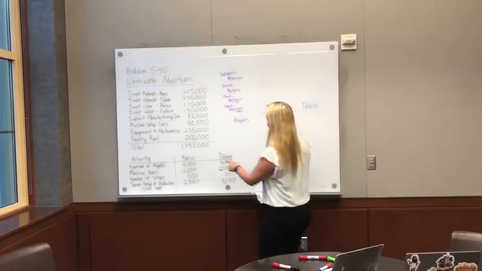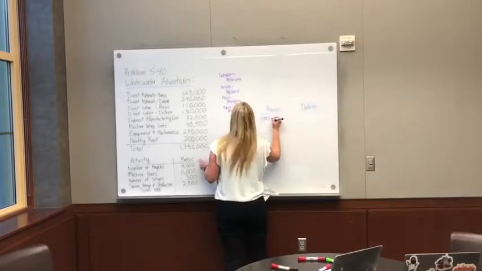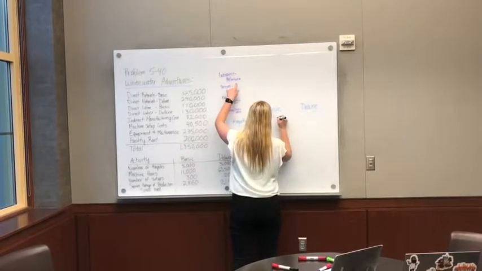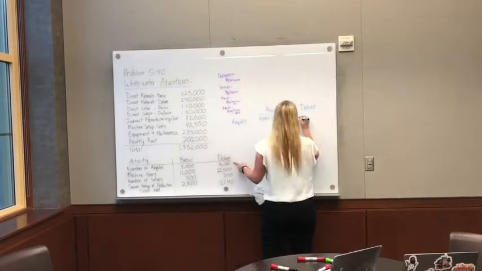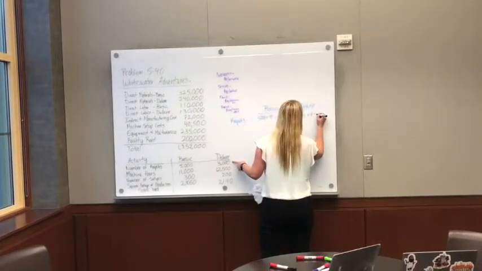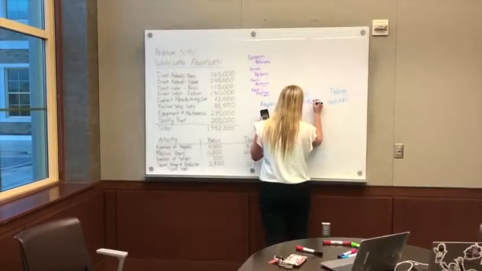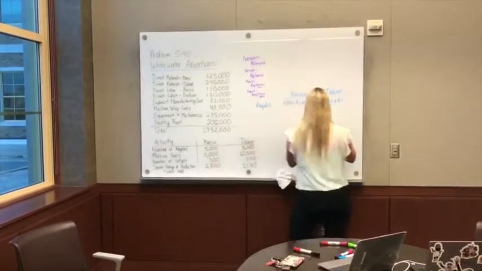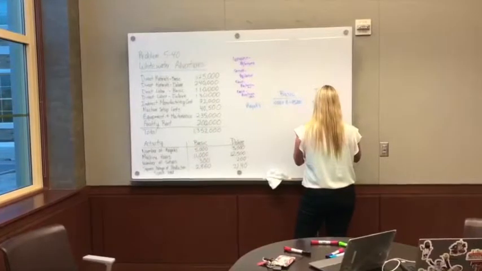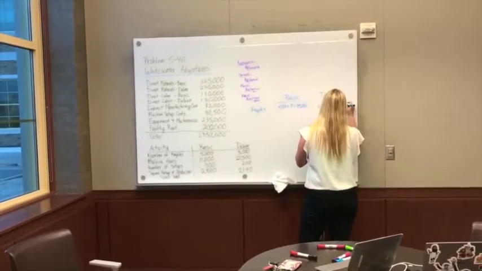So we have 5,000 kayaks times $9, and then we have 3,000 times $9. That equals 45,000 and 27,000.